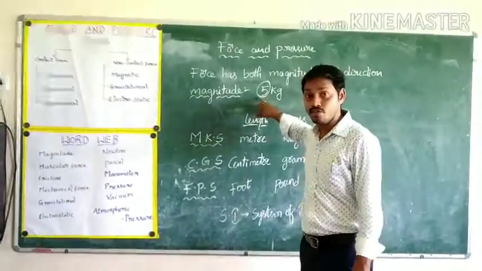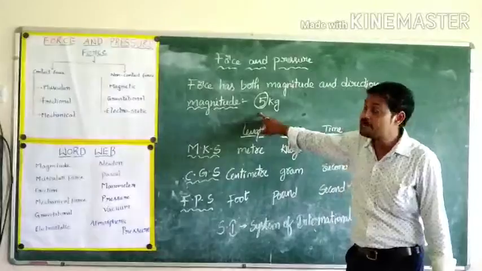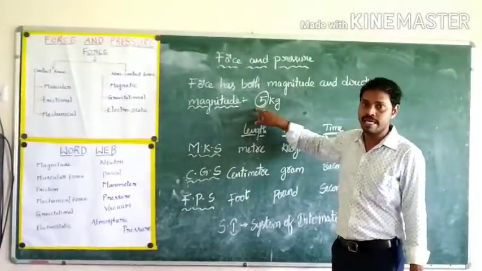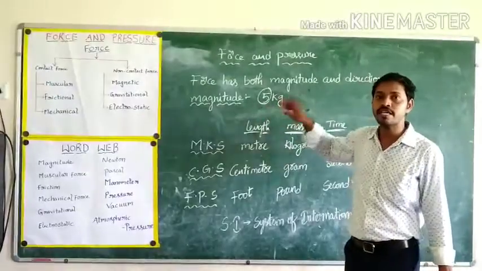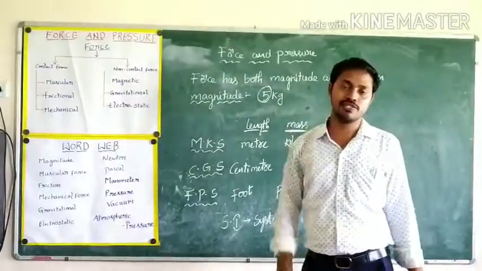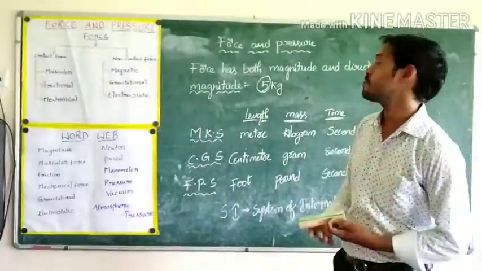So here the numerical value which is present before the unit is called magnitude. What is magnitude?